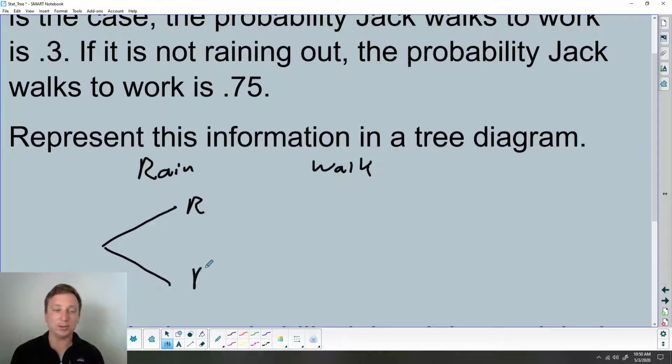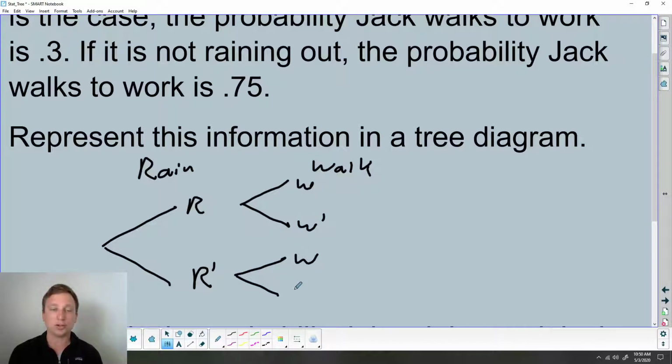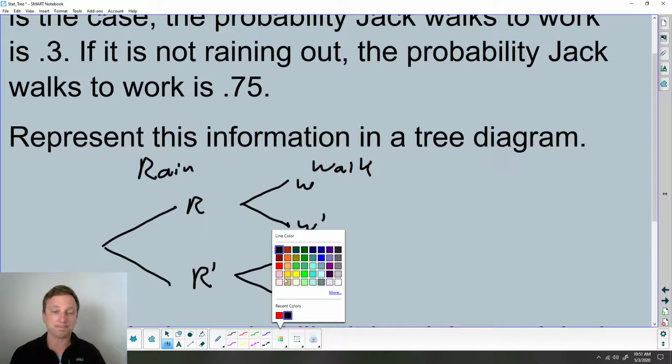One of those two events will occur, and this is where the complement is going to get into it. Then, if it's raining or not raining, that determines if Jack walks to work or does not walk to work. Similarly, with not raining, he walks to work or he does not walk to work. So what we've just done is show the sample space, or all outcomes that can happen.